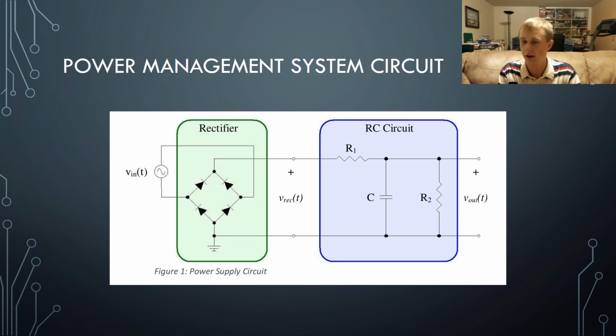Then I'm going to look at the RC circuit, the inputs and outputs when you input a rectangular pulse to the system. And finally, I'm going to put the two subsystems together and look at the inputs and outputs through the overall system. So let's begin by looking at the rectifier subsystem.